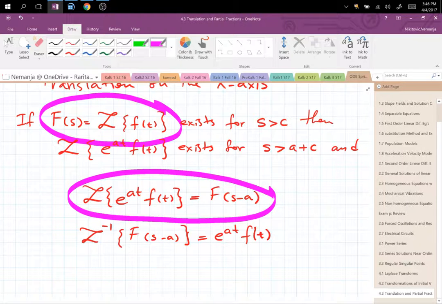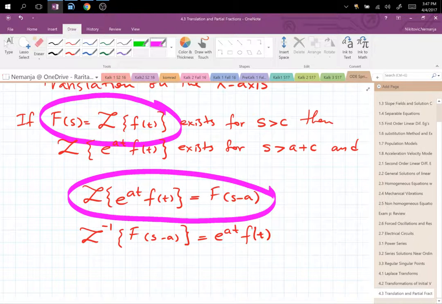But if you multiply the function in the Laplace transform with e to the at, that a becomes the shift for the Laplace. Now, to see this in a proof is quite easy, because remember what you have in the Laplace transform is e to the negative st, right? So when you have this one, you factor t and it becomes s minus a.